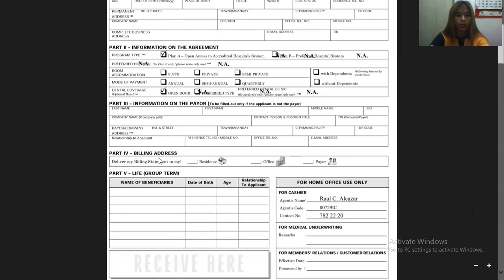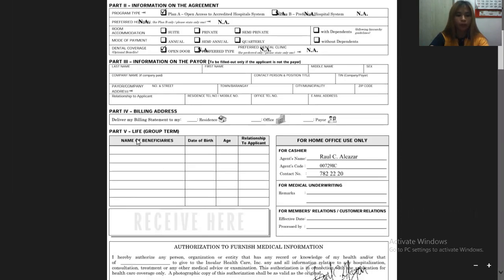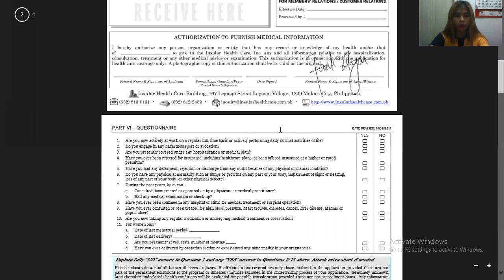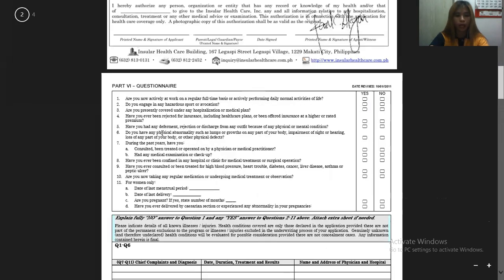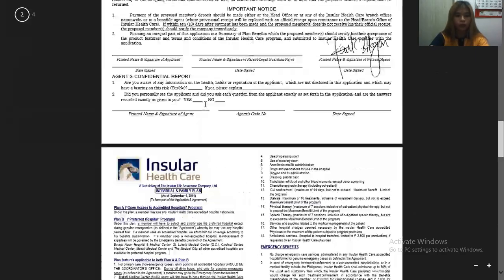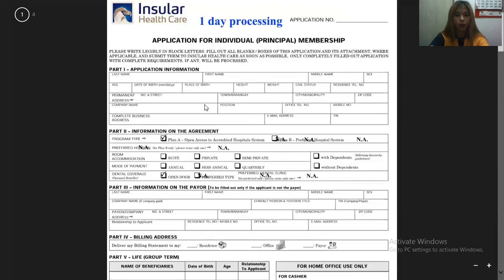Part 4, billing address. And Part 5, the life or group term. It also has authorization to furnish medical information. Part 6, you can answer the questionnaire. This is the application form of Insular Healthcare.